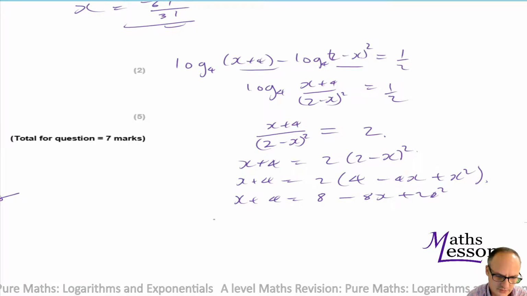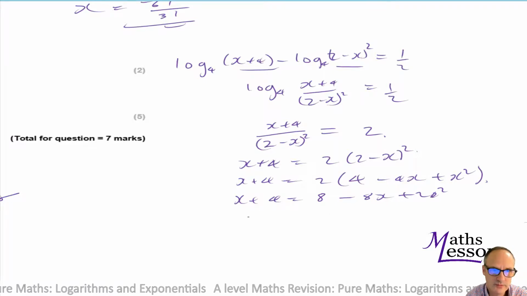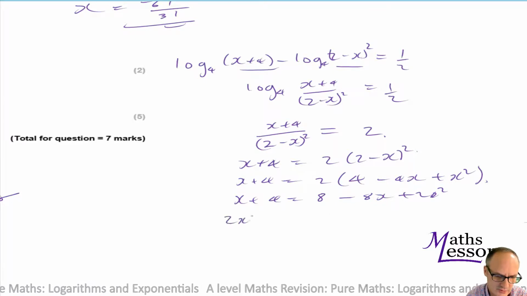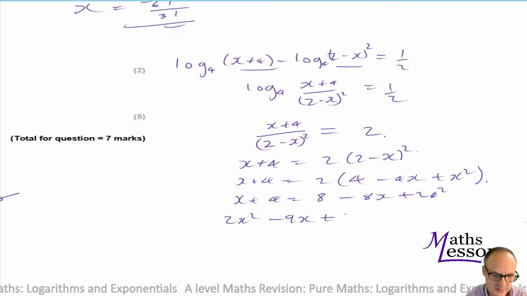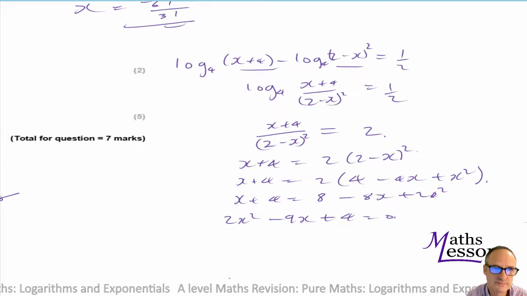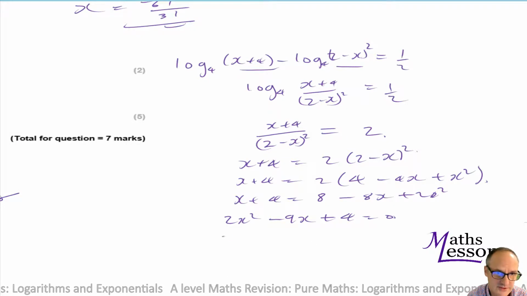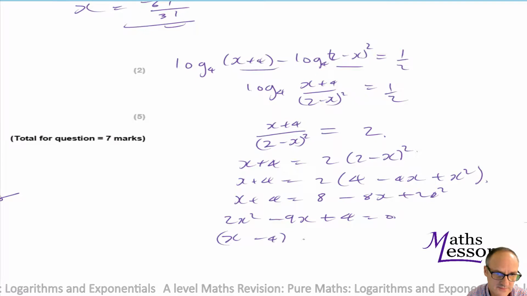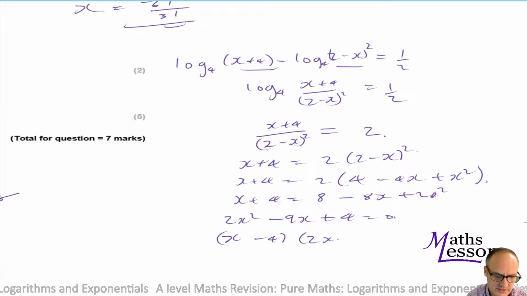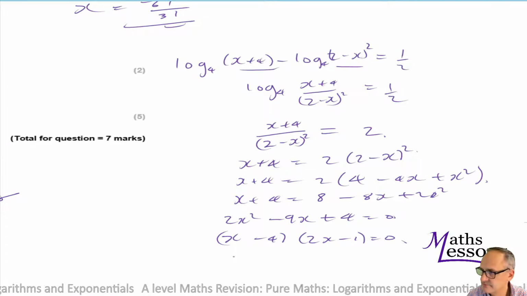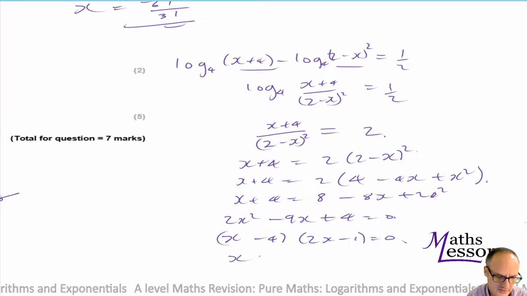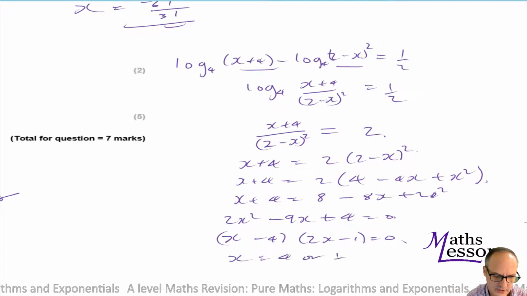Now let's get this all onto the one side. So we get 2x squared, take away that x from the minus 8x gives me minus 9x, take 4 away from 8 gives me plus 4 equals 0. So if I factorize this, I'm going to get x minus 4 and 2x minus 1 equal to 0. So that implies that x will equal 4 or a half.